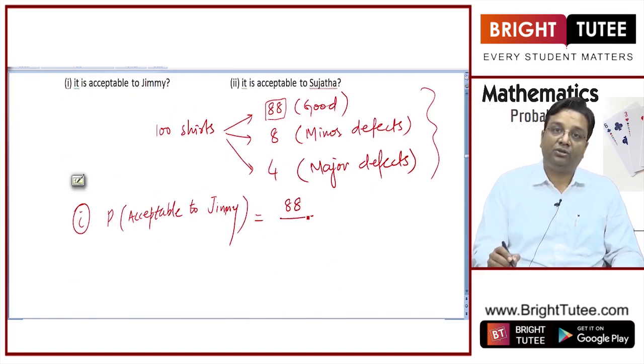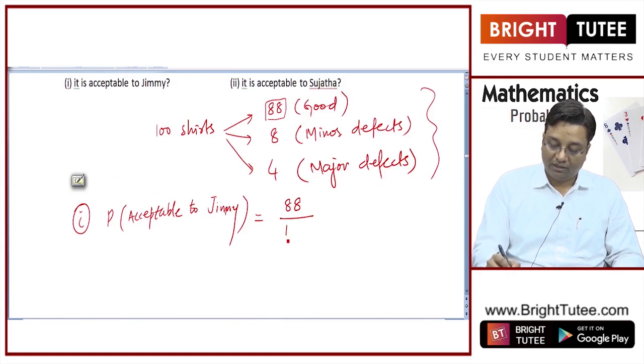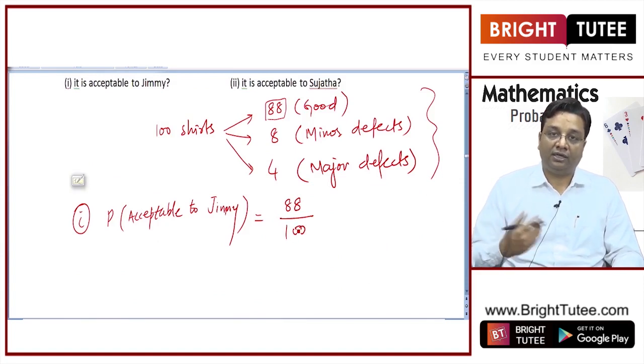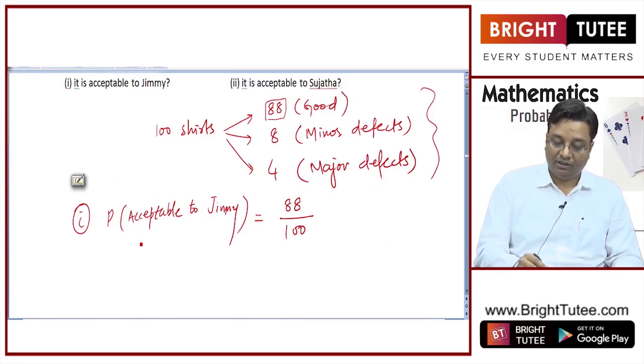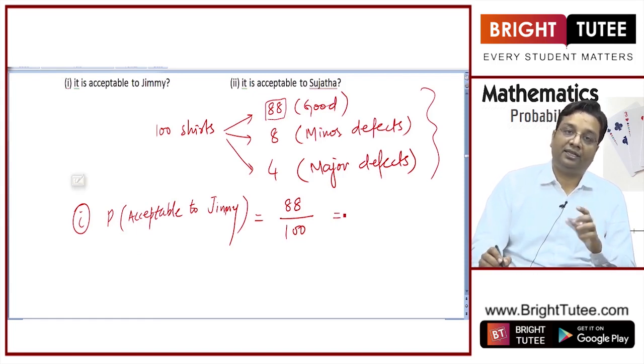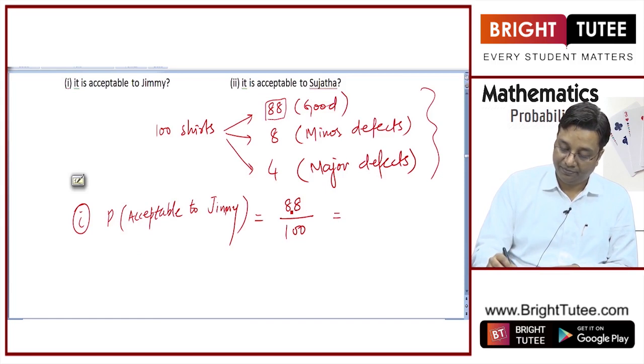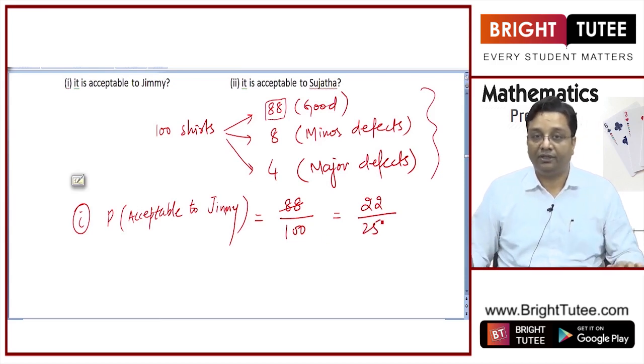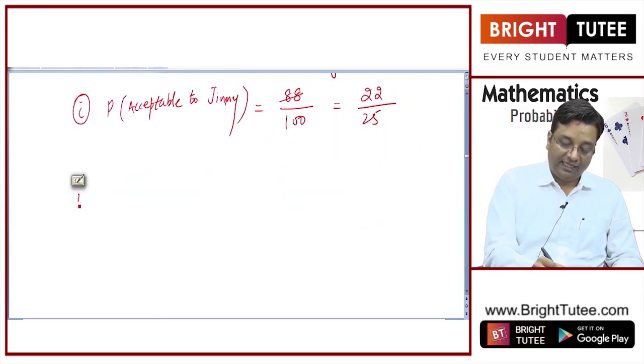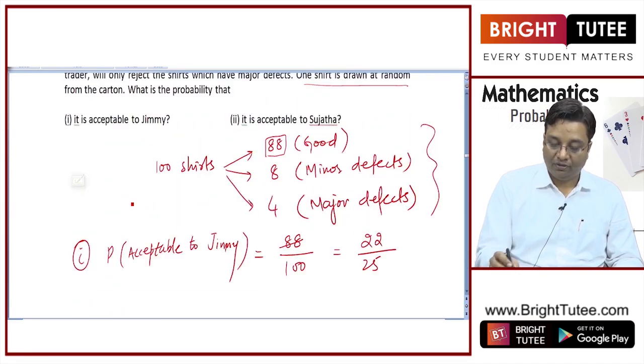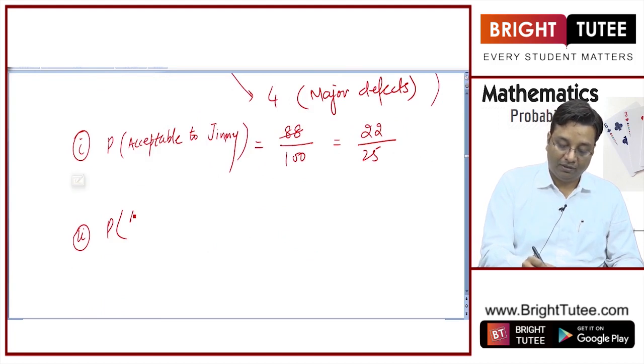What is the total number of outcomes? 100, because we have got a total of 100 shirts, right. So this is the probability of getting that shirt accepted by Jimmy. So, 4 2s are 8, 22 by 25.